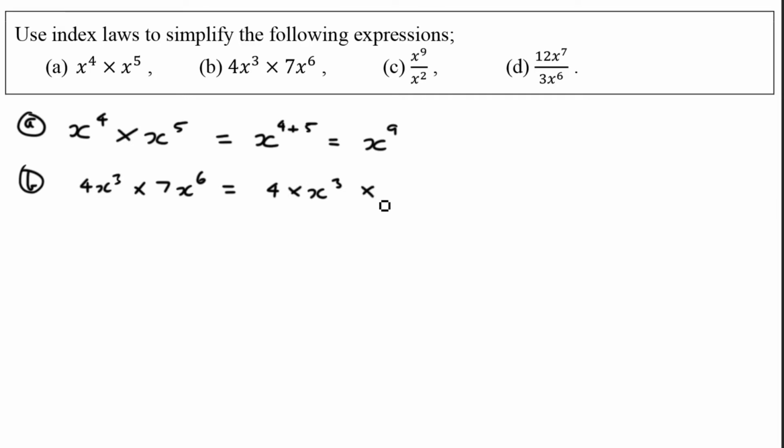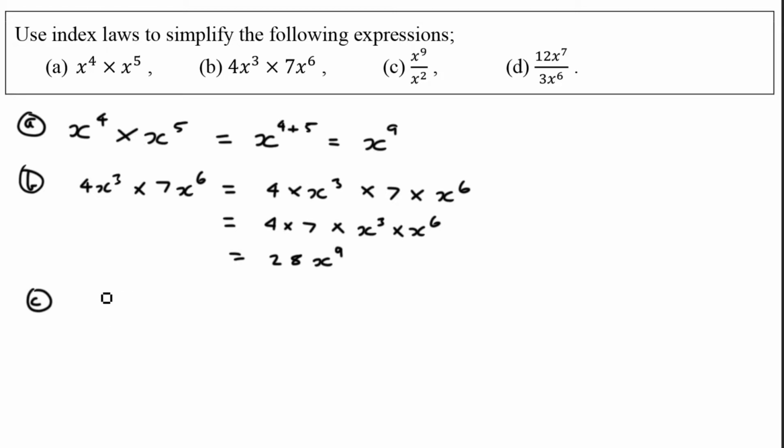Similarly, the 7x to the 6 means 7 times x to the 6. So it would be better to put the 4 and the 7 together at the beginning before we then multiply x to the 3 by x to the 6. 4 times 7 is 28, and x to the 3 times x to the 6 is x to the 3 plus 6, x to the 9.